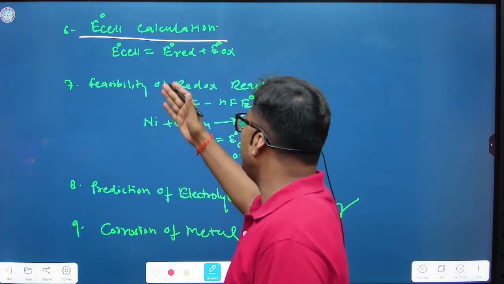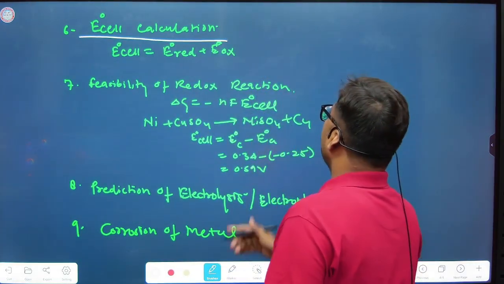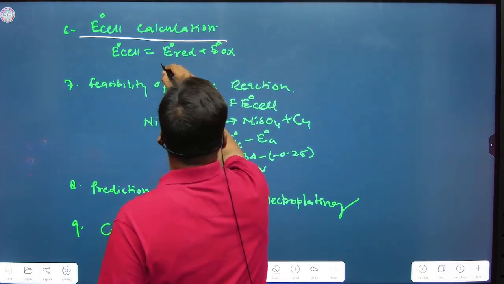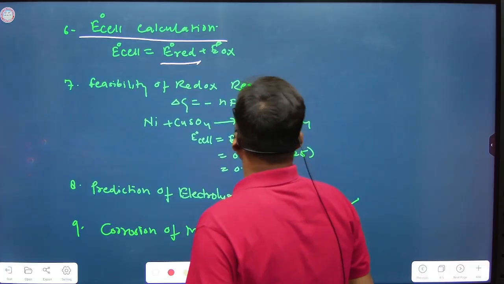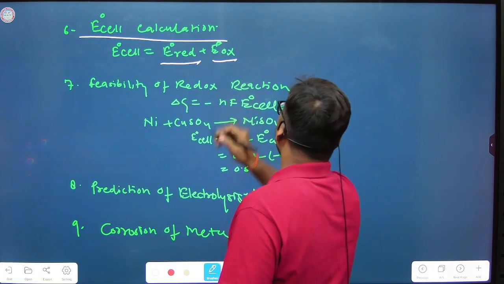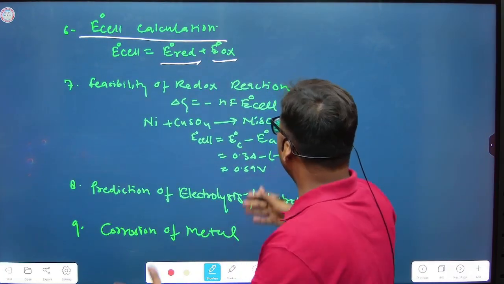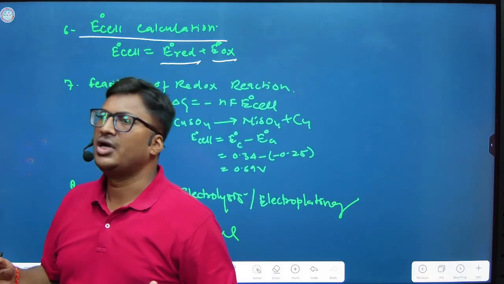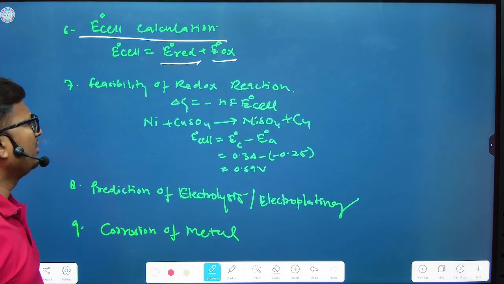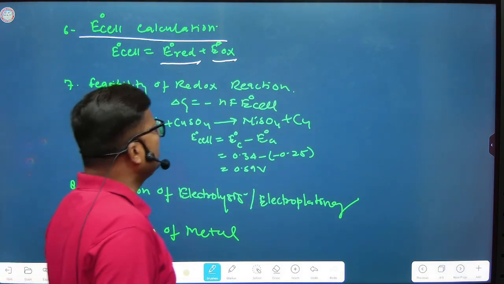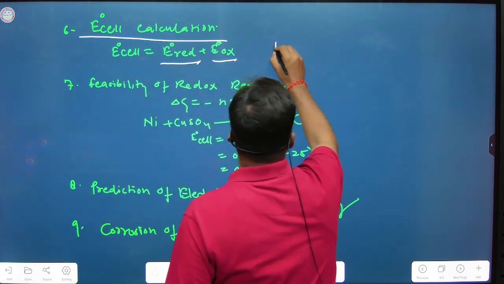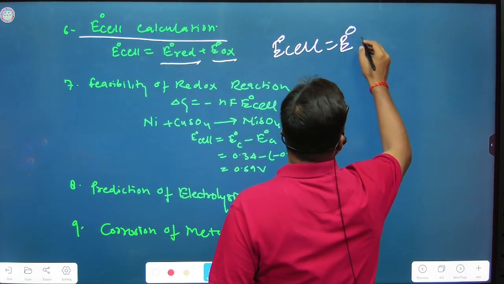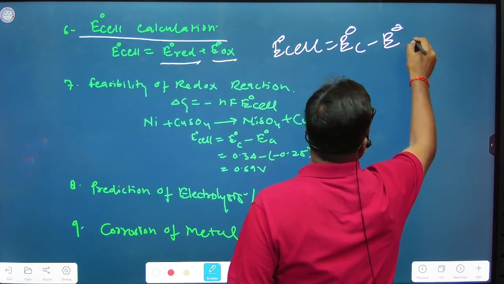So the standard cell potential will be the standard reduction potential plus the standard oxidation potential. These two values are added to get the standard cell potential. Clear? Or simply you can say E0 cell will be E0 cathode minus E0 anode.